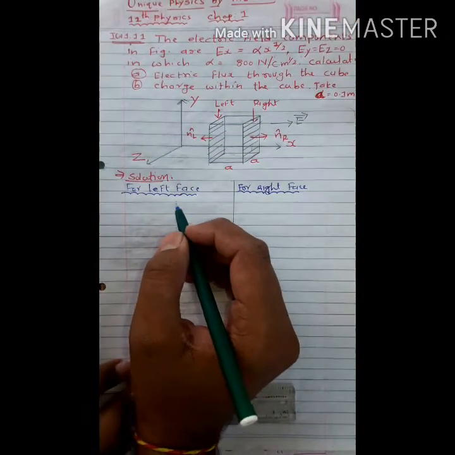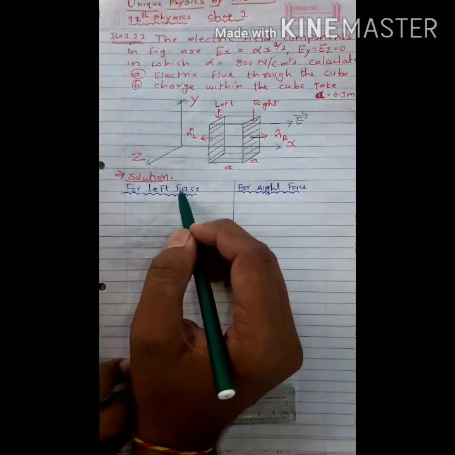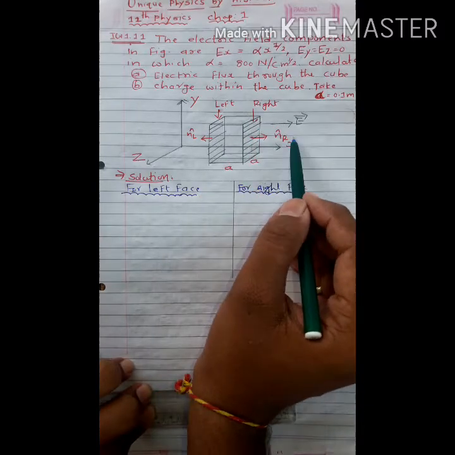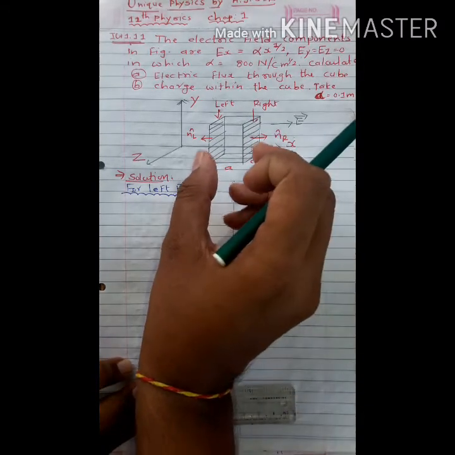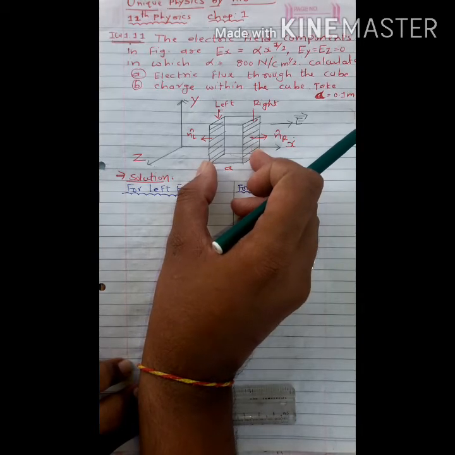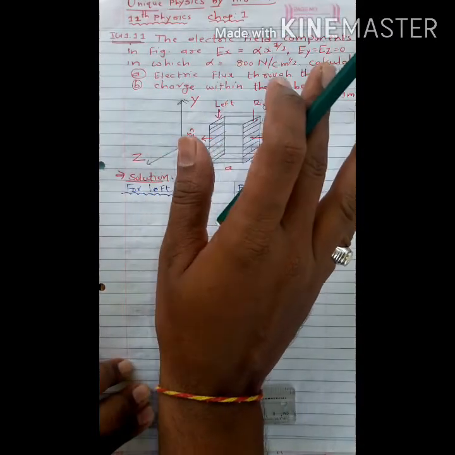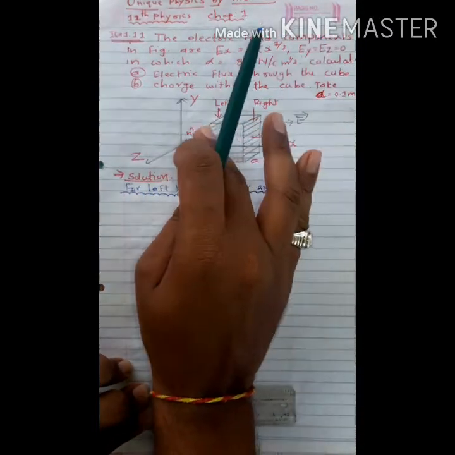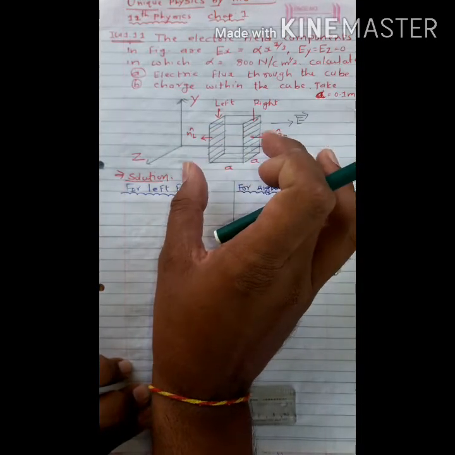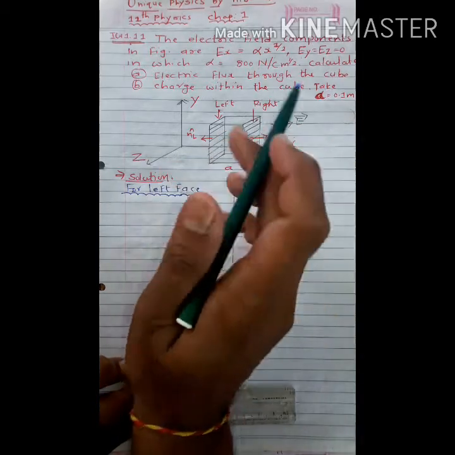Now first of all we find the electric flux for the left face. Remember this point, the electric field is prevailing only in the x direction. That's why electric flux will link with only two surfaces. The cube has a total of 6 surfaces, but here we will find electric flux for the right and left surfaces only, because these two surfaces are normal to the electric field.